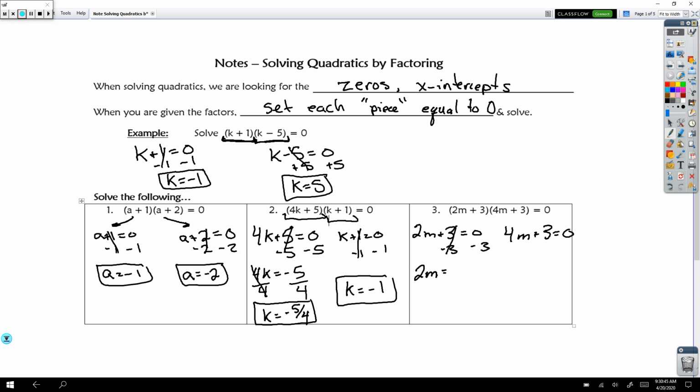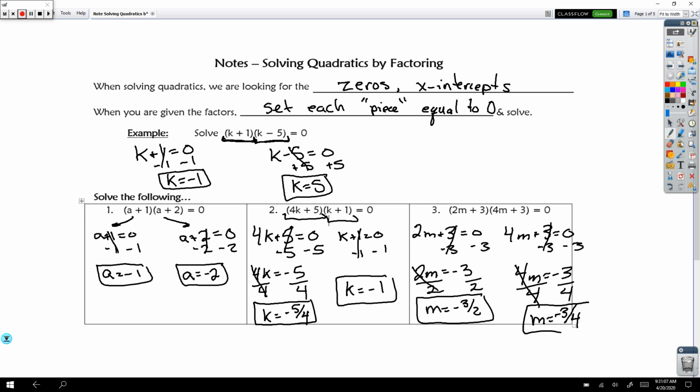So 2m equals negative 3, and then divide both sides by 2. So m would equal negative 3 halves. The second piece, subtract the 3. So 4m equals negative 3, and then divide off the 4. So m would equal negative 3 fourths.